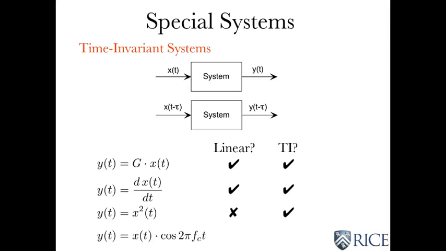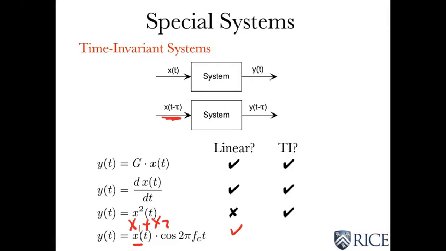And finally, how about this system, which is called a modulator? So what we have is our input is here. And what happens is that the system multiplies it by cosine 2 pi fc t to produce an output. Well, is it linear? So if I have x1 plus x2, do I get out cosine times x1 plus cosine times x2? And I certainly do. So that's linear. How about time invariant? So the thing to notice is that the delay applies only to x.